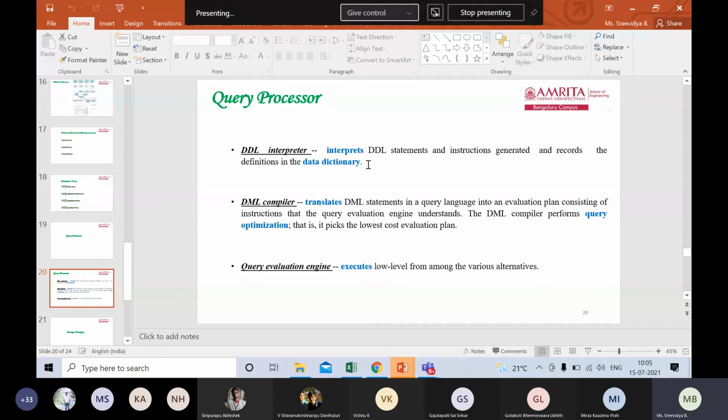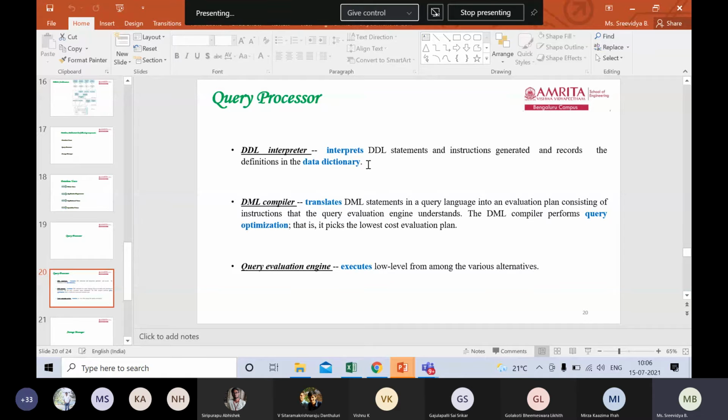Data dictionary is that storage where all the information regarding data or regarding a table is stored. I hope you remember the term metadata. Metadata is data about the data. So that metadata is present in the data dictionary. So what do I mean by data about the data?